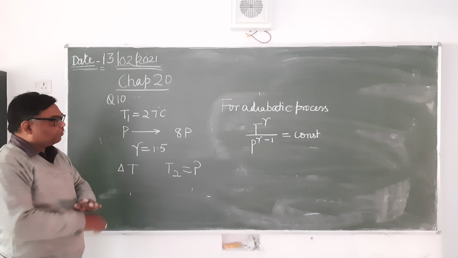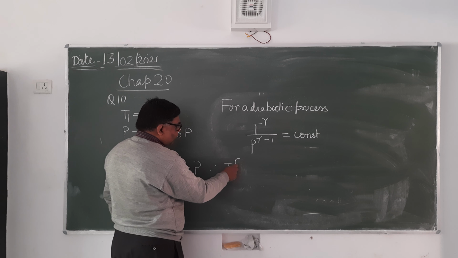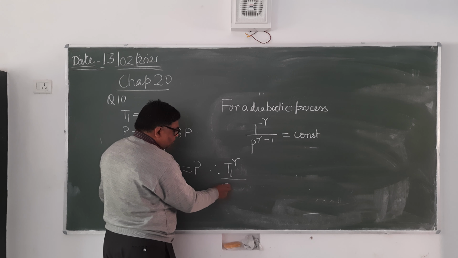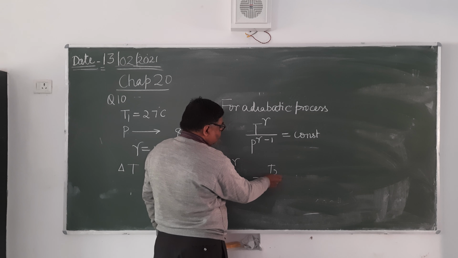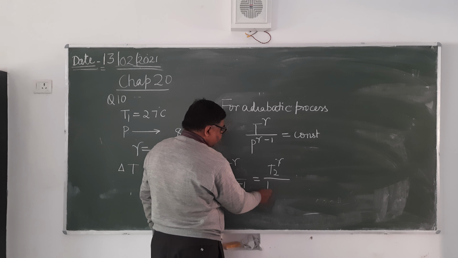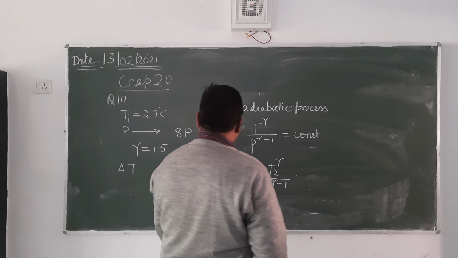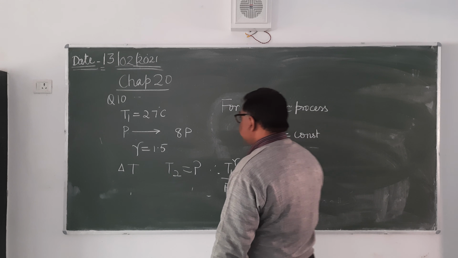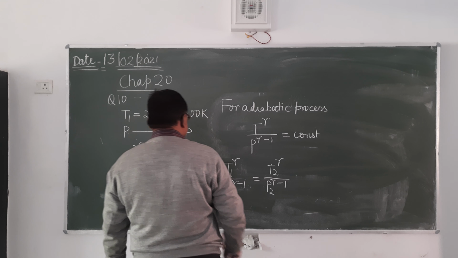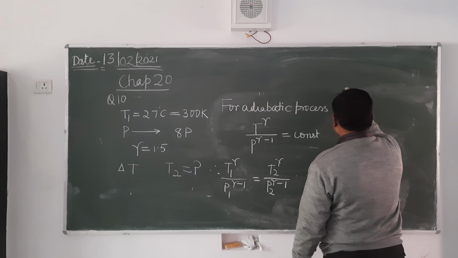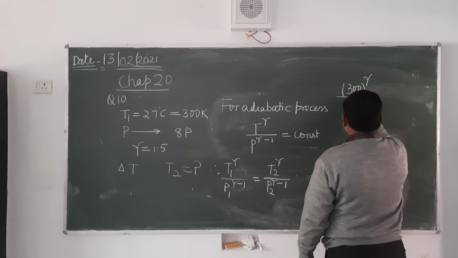Now substitute the values. T1 to the power gamma upon P1 to the power gamma minus 1 equals T2 to the power gamma upon P2 to the power gamma minus 1. T1 is 27 degrees Celsius, that is 300.